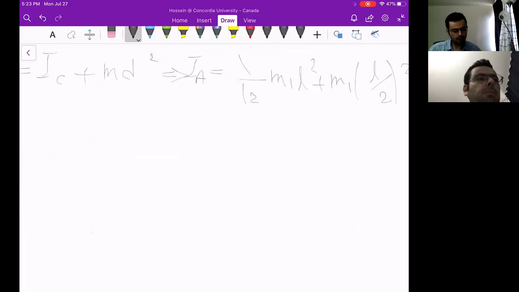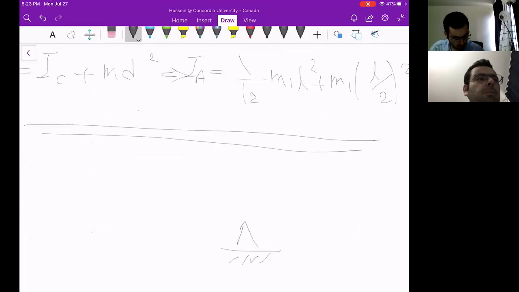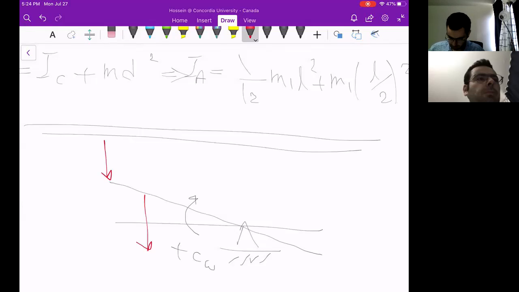And similarly, if I derive the equation of motion for the lower bar, if I consider clockwise as positive rotation, the upper spring will oppose the motion and the lower spring will also oppose the motion.